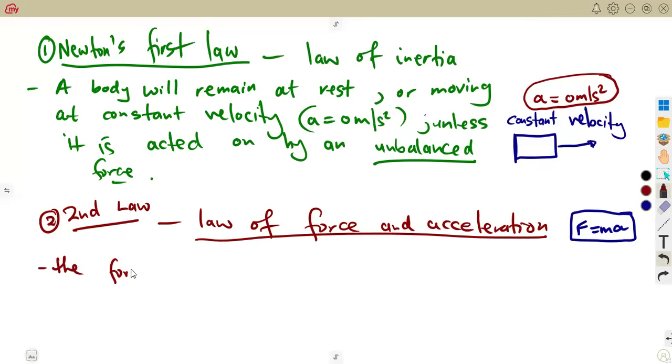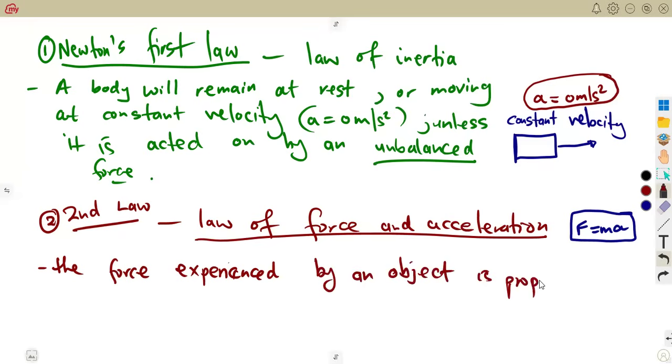So the force experienced by an object is proportional to its mass and acceleration. Actually, it is proportional to the mass times the acceleration.